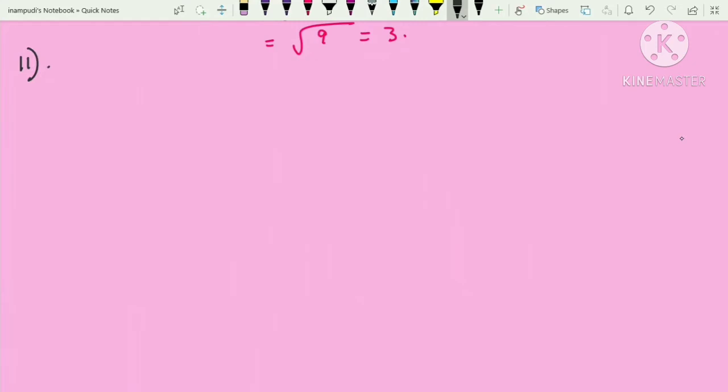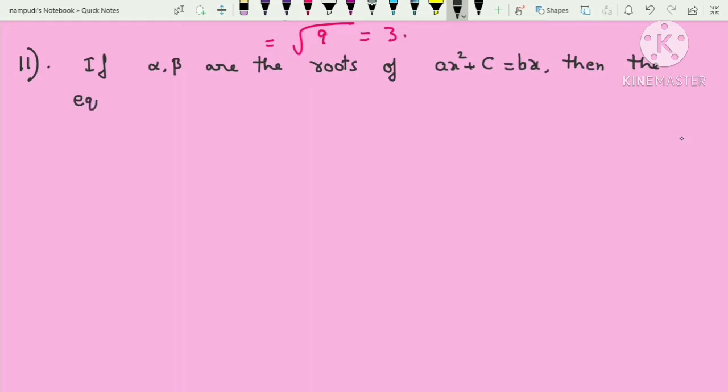If alpha, beta are the roots of ax^2 + c = bx, then the equation (a + cy)^2 = b^2 y has the roots.